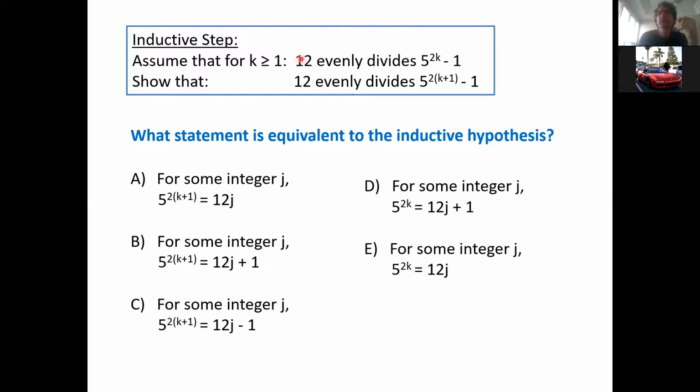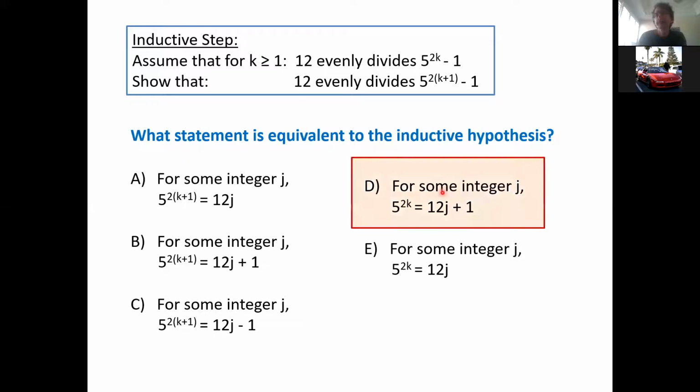It is this one, that 5 to the 2k minus 1 is evenly divided by 12. So that means that 12 times something is 5 to the 2k minus 1. But if you move 1 to the other side, then you will get that 12 times something plus 1 is equal to this.